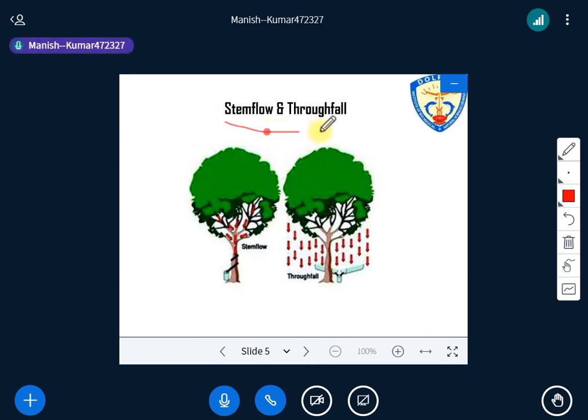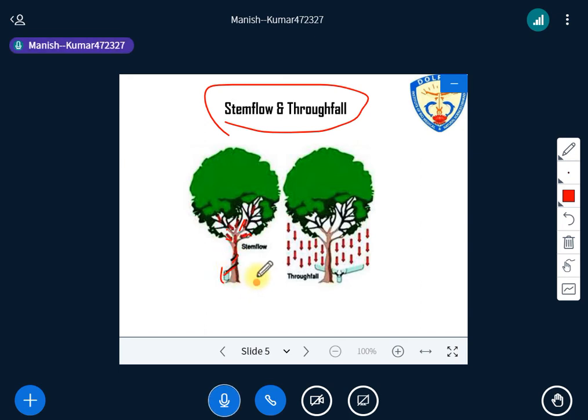Then we have another thing, that is stemflow and throughfall. Again, look at the image. This is the image of stemflow. You can see the arrow marks here, on the branches and on the main stem, or what is called the bole.